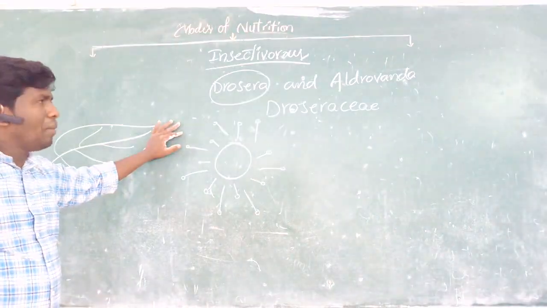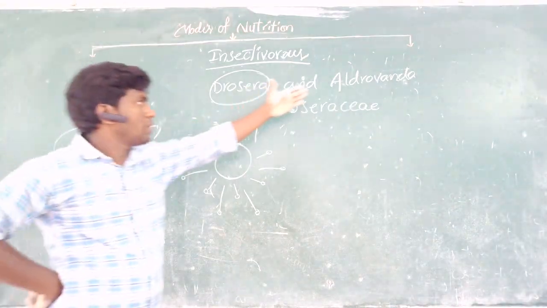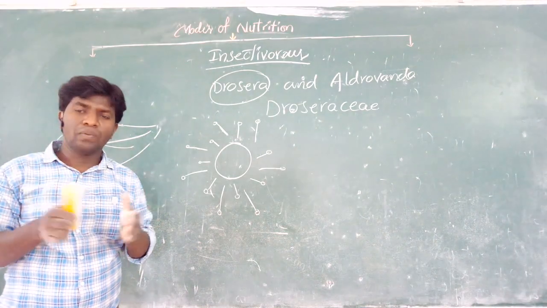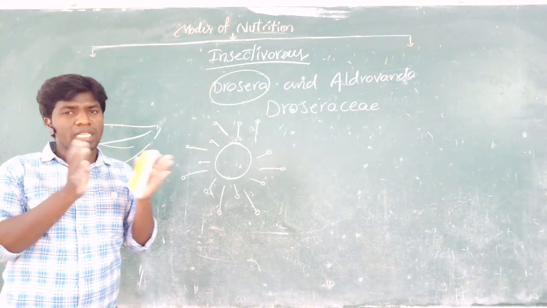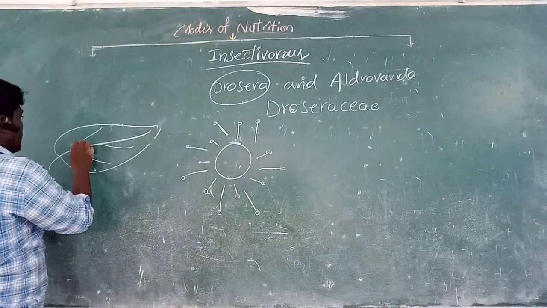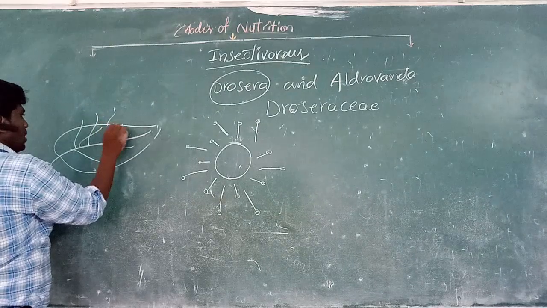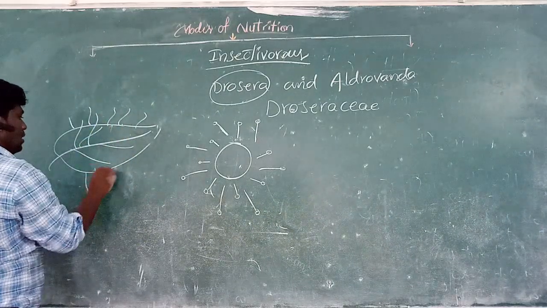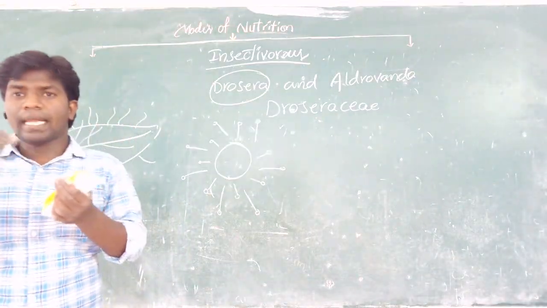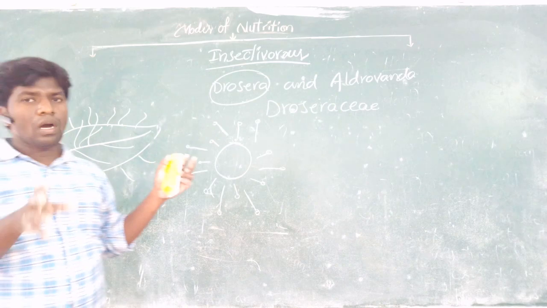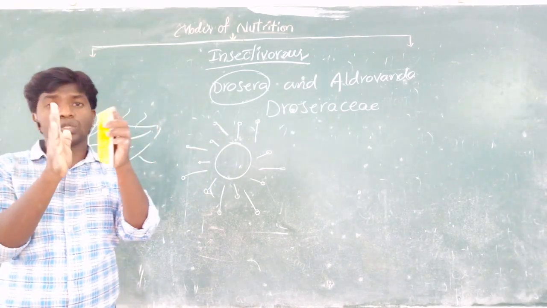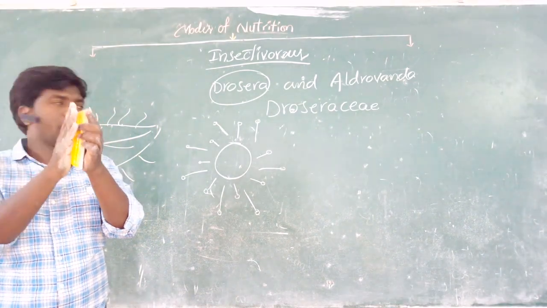Next, the mechanism of Aldrovanda. On the leaf midrib are found some sensitive trigger hairs. The two halves of the leaf close along the midrib.